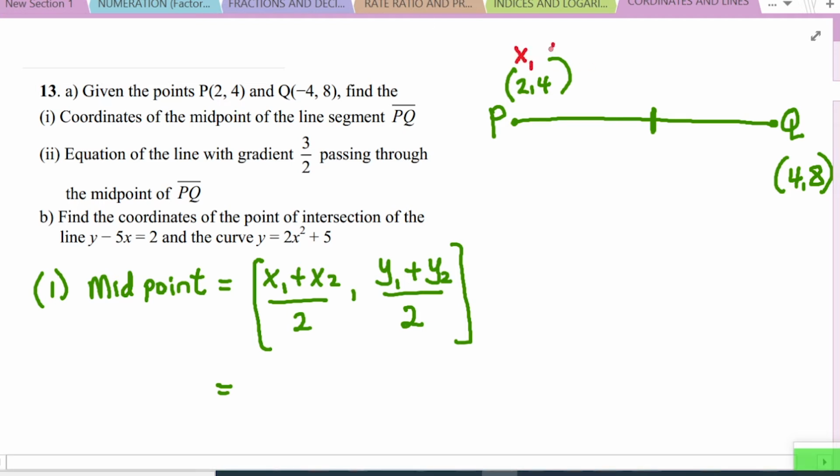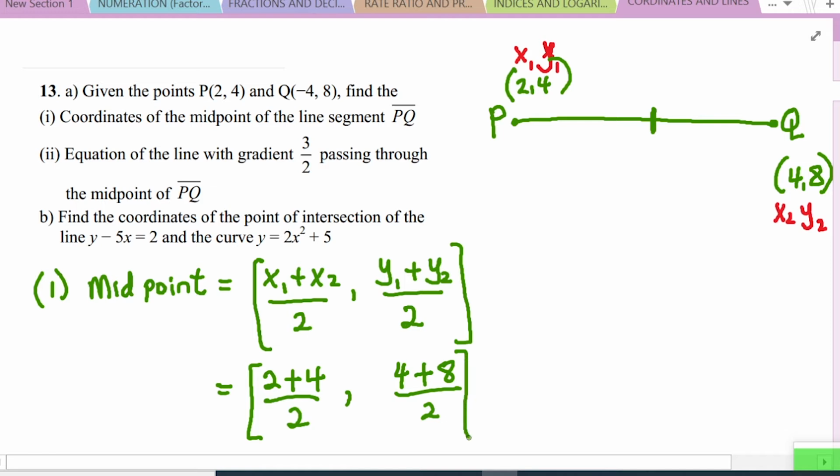Let this be our x1, y1, and this our x2, y2. So coming back here, this will become x1, which is 2, plus x2, which is 4, divided by 2, comma, y1, which is 4, plus y2, which is 8, divided by 2.